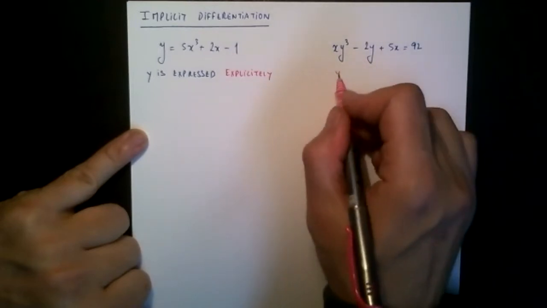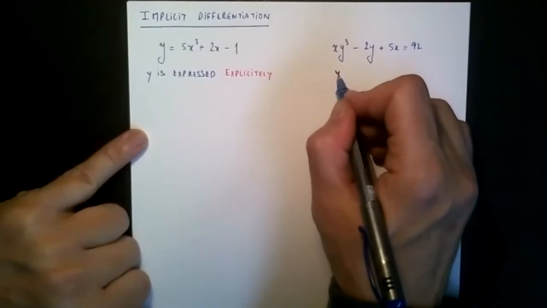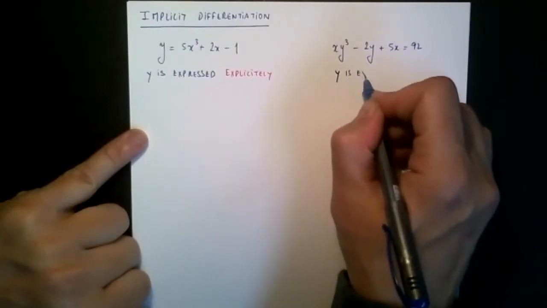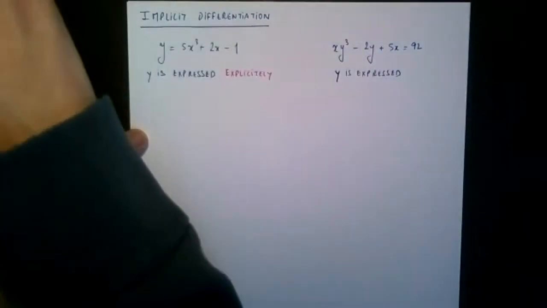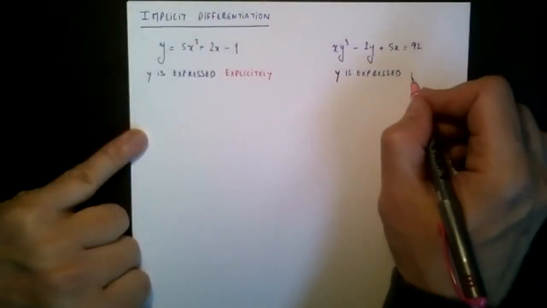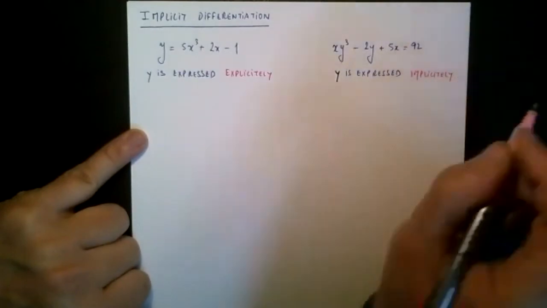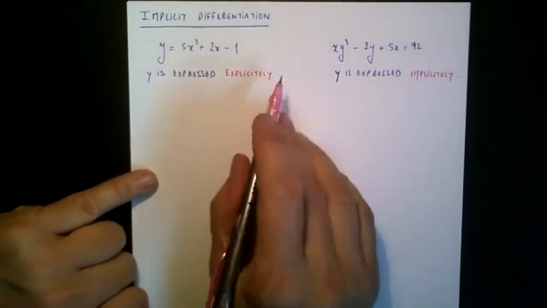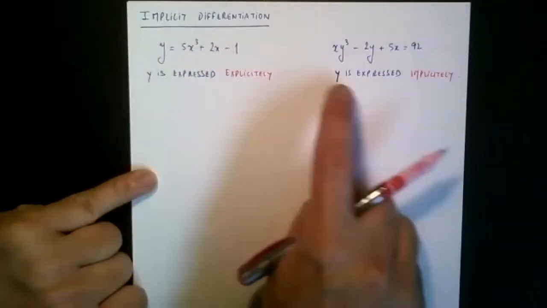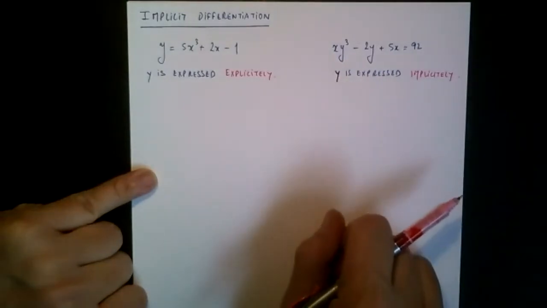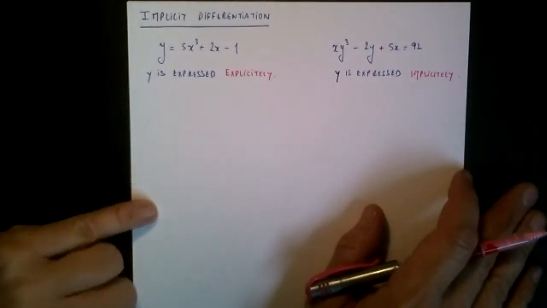And so y is expressed implicitly. Basically, explicit is if the y is isolated, implicit is if the y is not isolated. That's if you want to keep it simple.